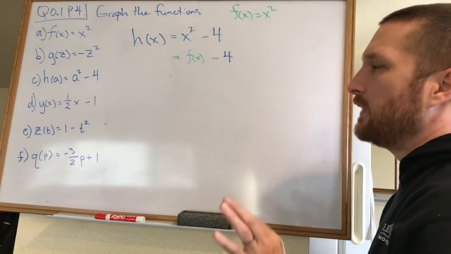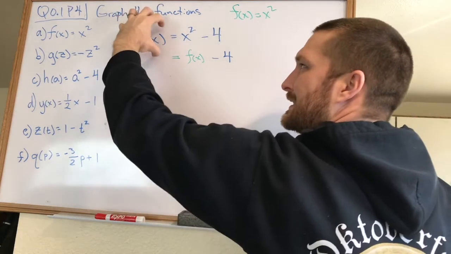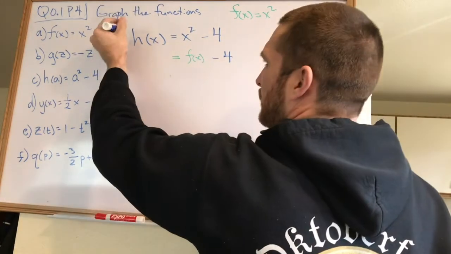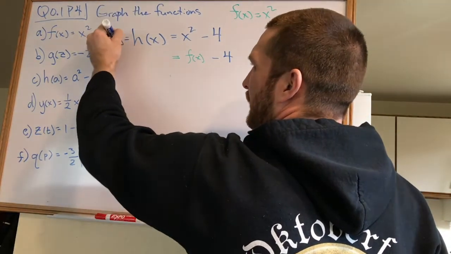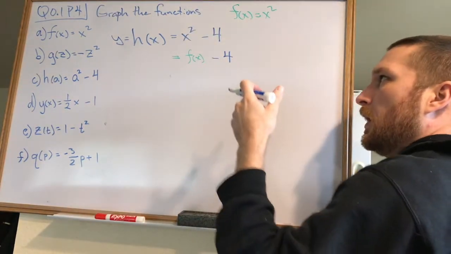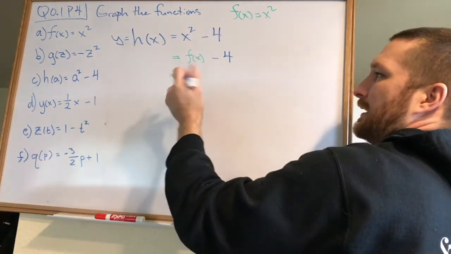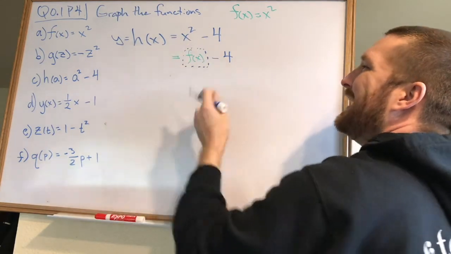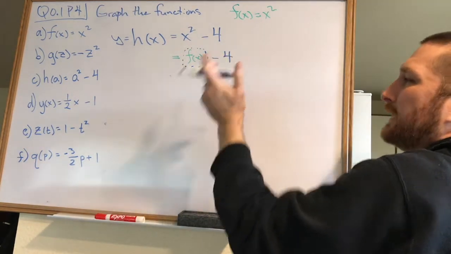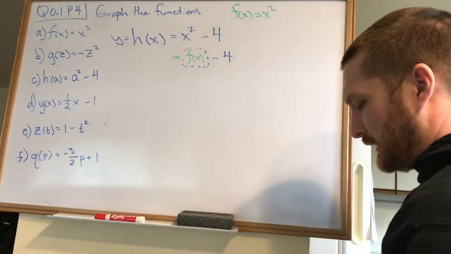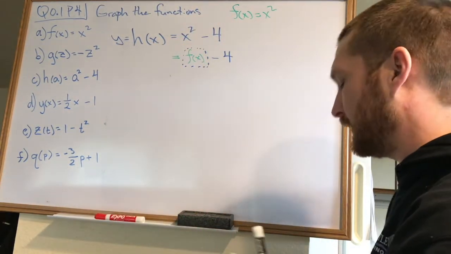What do I mean, the output values? Remember, this thing represents the output value, which we could call h or y or whatever. So when you plug something into here, it's the same thing as evaluating this first, and then you say, well, now just minus 4 off of the height. Let's see that in action. What's that going to look like?